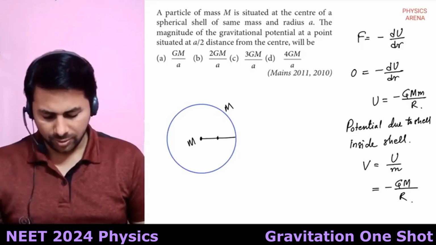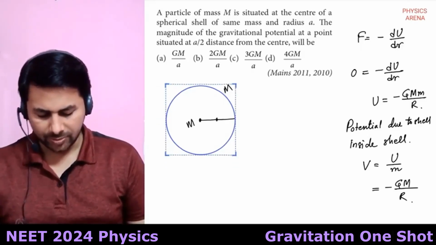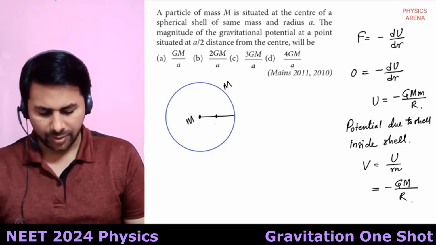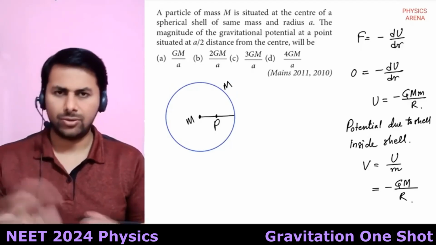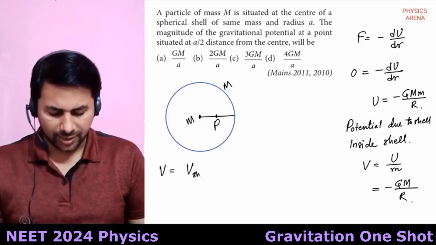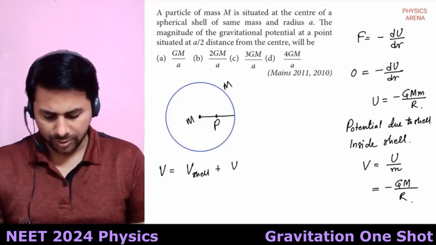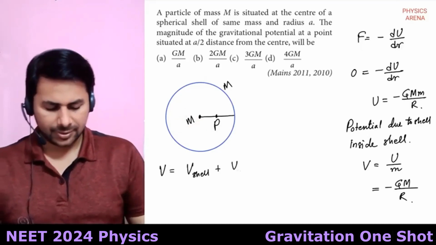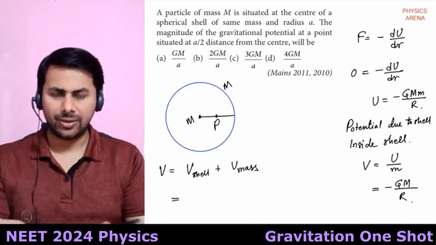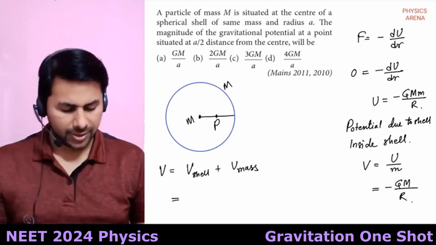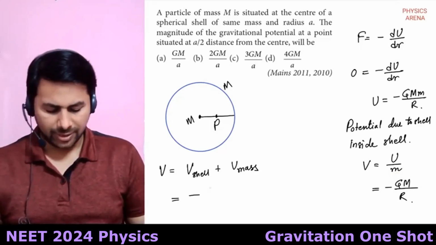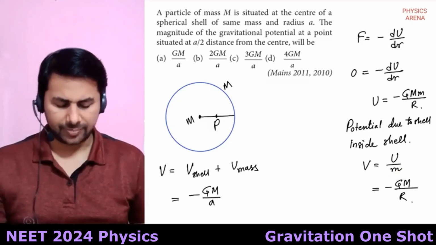So now there are two potentials. If you consider this point at distance a by 2, here at this point P, there are two potentials. So V is equal to V due to shell plus V due to this mass. V due to shell is constant everywhere inside the shell. How much is it? Minus of GM upon R. Here R is equal to a. It is minus of GM divided by a.